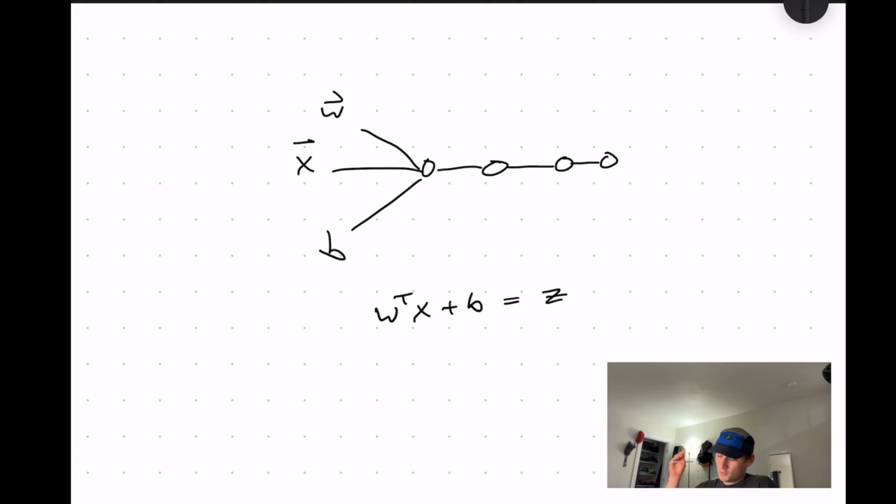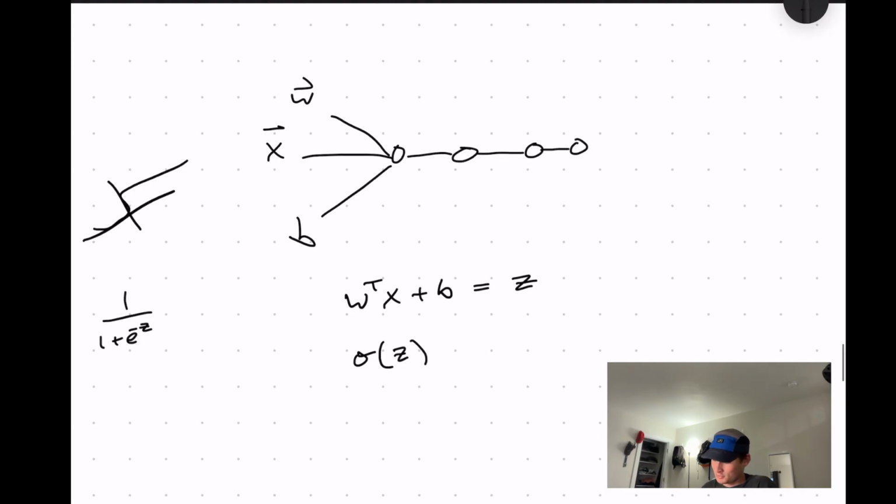Okay, so we have our linear regression from last time, and now we're going to add one more step, and that is this sigmoid function. So this sigmoid function is something that looks like this, and the graph of it actually looks like an S. That's a bad way to draw it, but you should look it up.